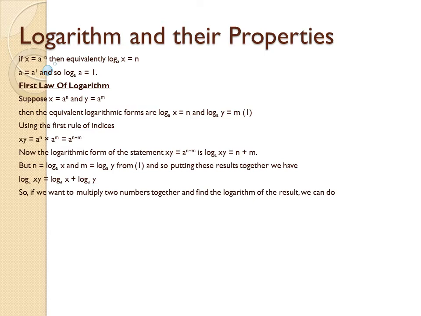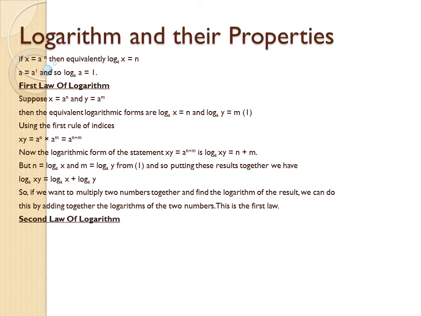So if we want to multiply two numbers together and find the logarithm of the result, we can do this by adding together the logarithms of the two numbers, and this is the first law. So for the multiplication of two numbers, we can individually sum up the logarithms, and that will be the result in logarithm notation.